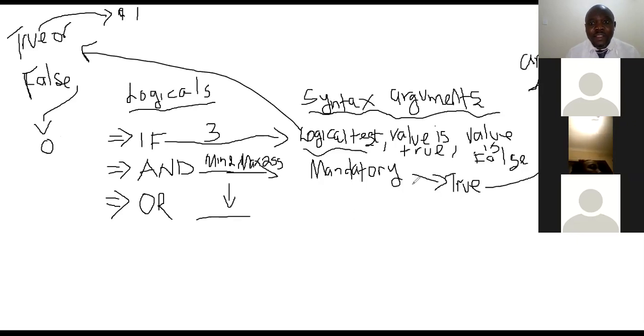So here, when we say Mary and John, they'll have to go to Sesheke. And then we say Mary or John has to go to Sesheke.